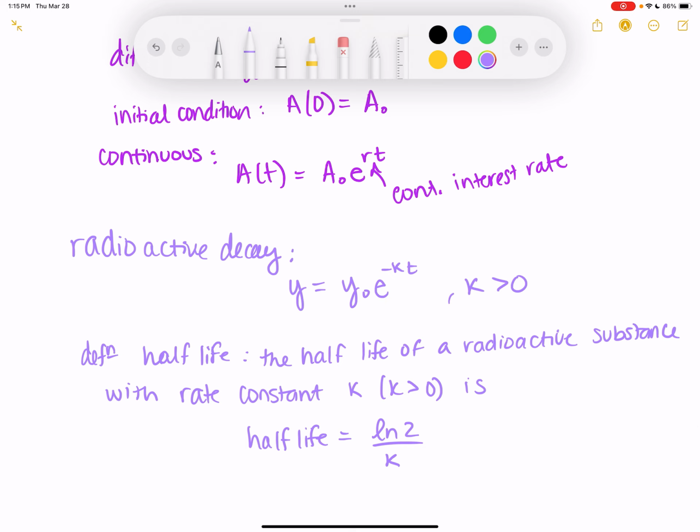And then we would use that formula to solve for the half-life.